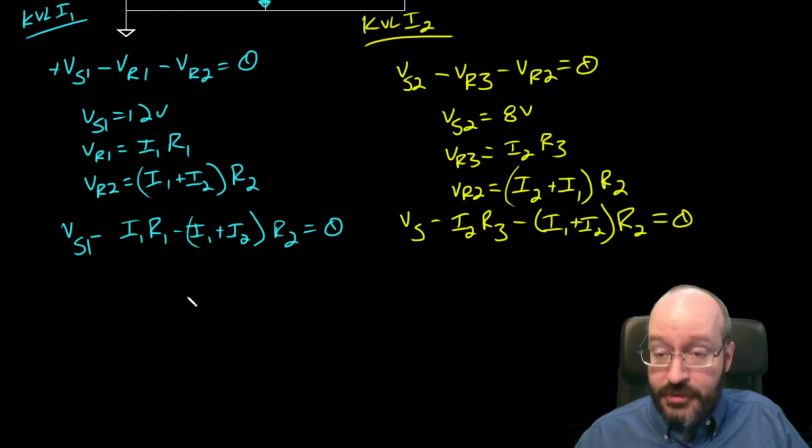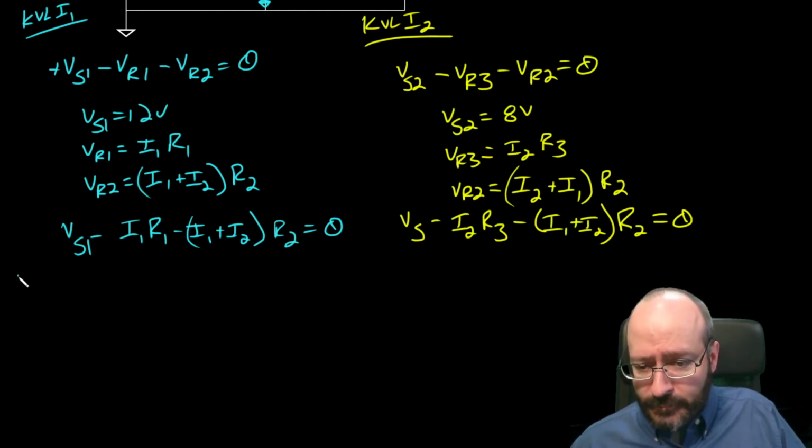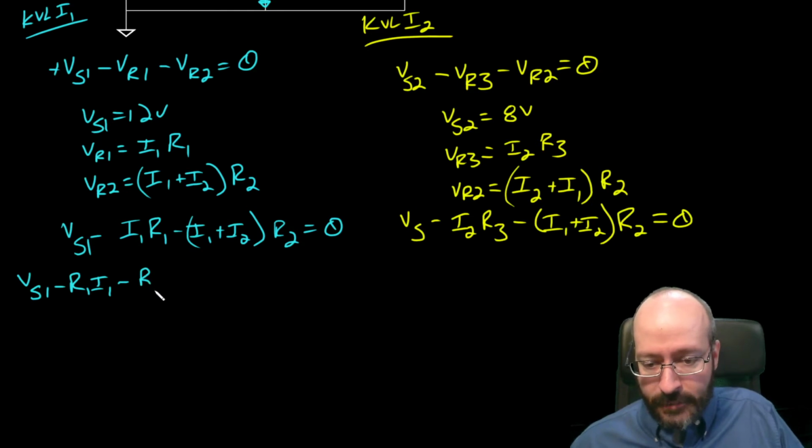Okay, so we're going to distribute and regroup. VS1 minus R1I1. I'm going to flip around so the resistors are the coefficients, R2I1. So I get the minus distributed in there and the R2 distributed. And then the minus is going to distribute over here, and the R2 is going to distribute. And we get I2, and that's equal to 0.